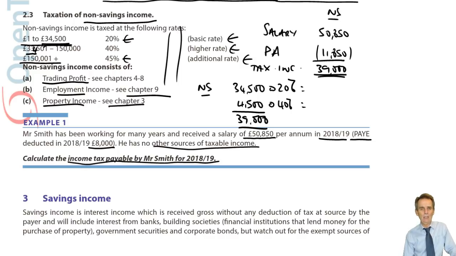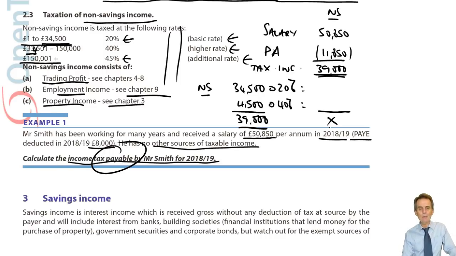Now, once you've calculated those two figures of tax, you can do that with your own calculators there. That figure that you get is not what they've asked for, the tax payable. What's that figure that you get there? The combination of basic and higher rate tax on this source of income. That, I hope you remember, is your income tax liability.